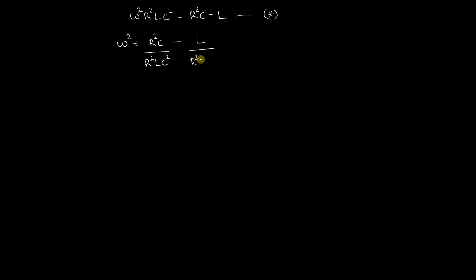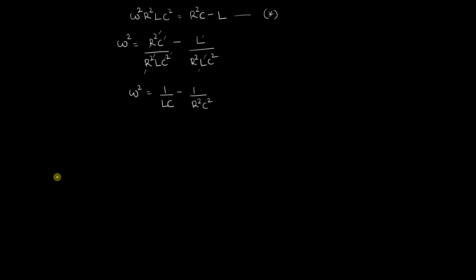Why I am dividing individually is because I can cancel some of the terms. Here you can see I can cancel out R square, C can be cancelled with C square, L can be cancelled with L, and I have the expression as omega square equal to 1 by LC minus 1 by R square C square.